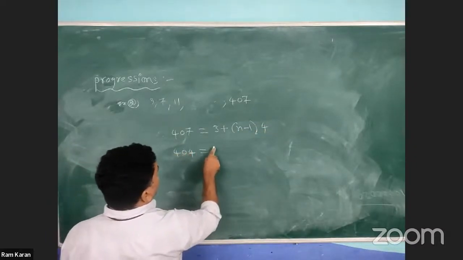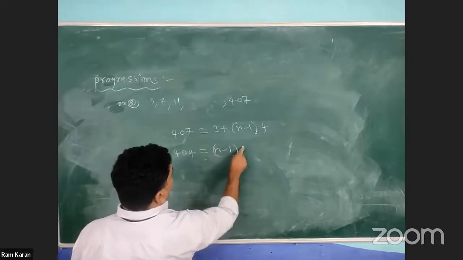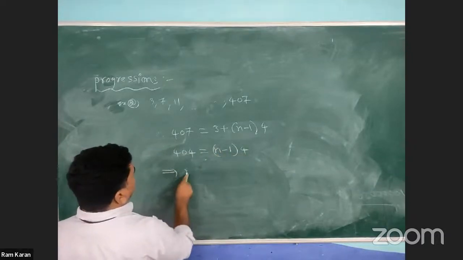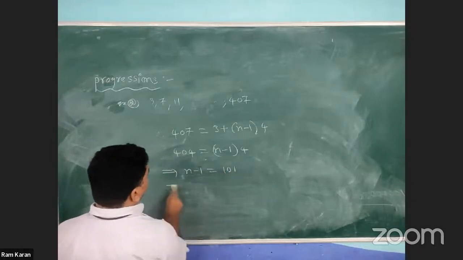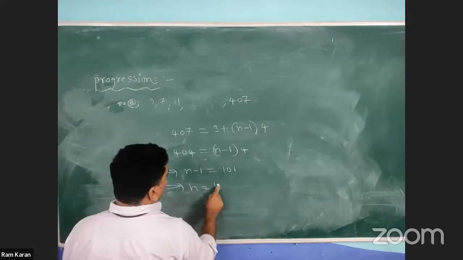So 404 is equal to (n minus 1) into 4. n minus 1 is equal to 101. So n is equal to 102.